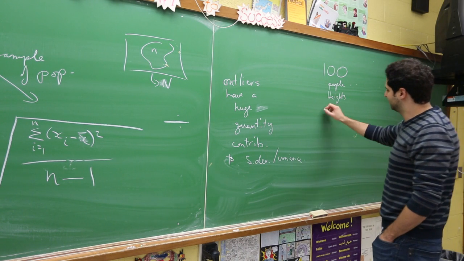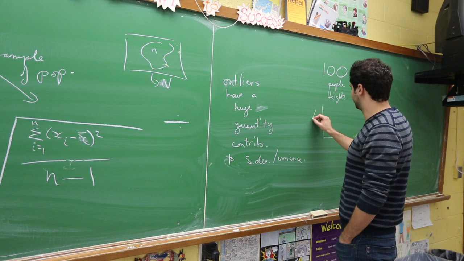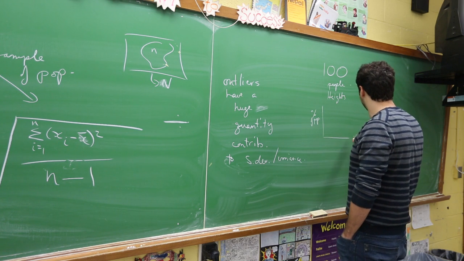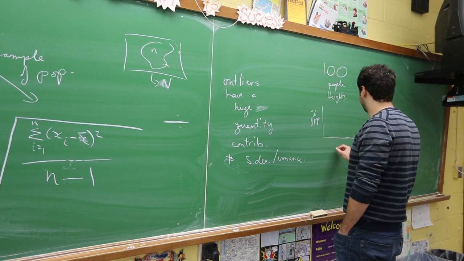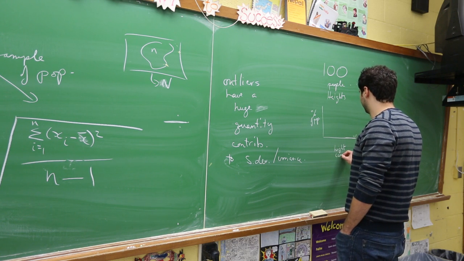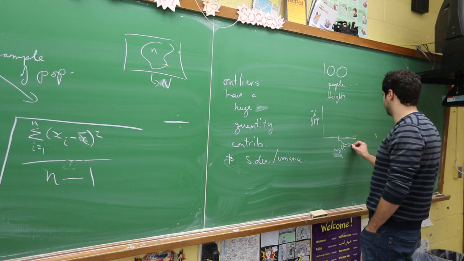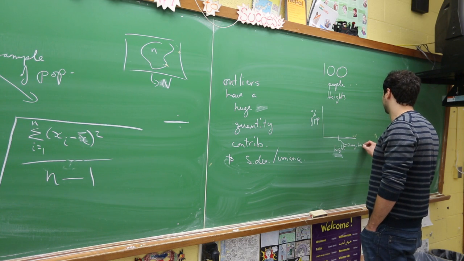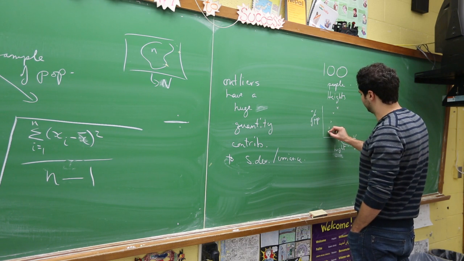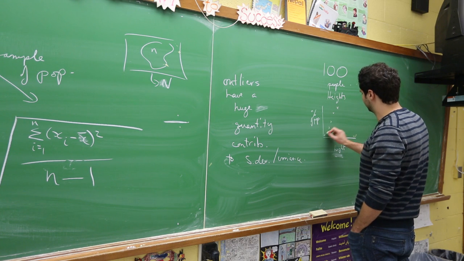Okay, and let's say this is going to be percentage of population, and this is going to be height. It could be in centimeters, it doesn't matter. Let's say this is going to be the average height. Let's say it happens to go like this.